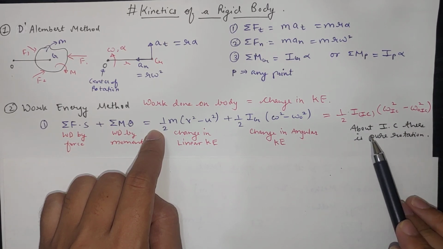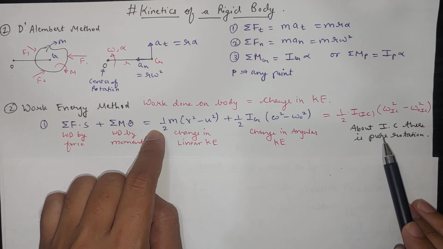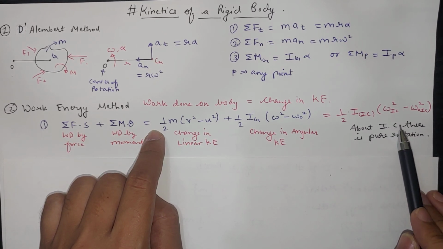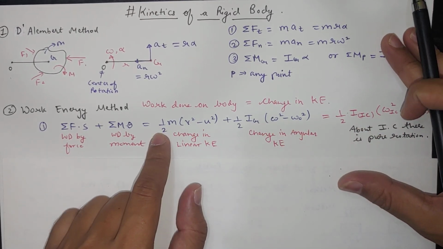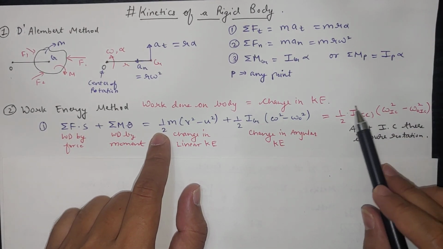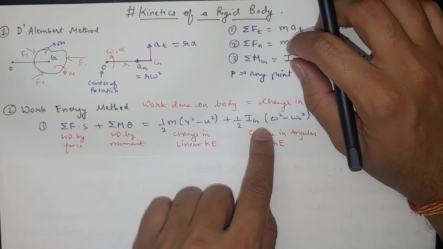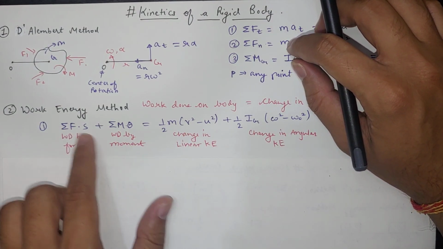This is how we can calculate the change in angular kinetic energy with respect to the I center. At the I center there is pure rotation, so we can use either this equation or this equation, whichever geometry is simpler to find the inertia. Based on that we can use this equation, the work energy method.